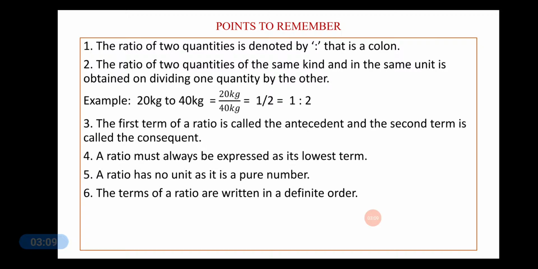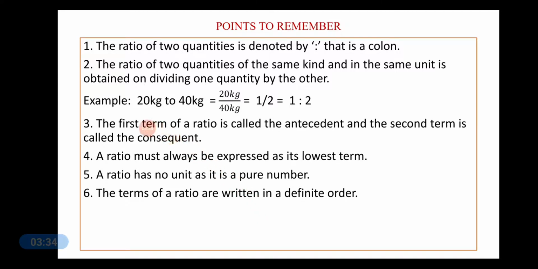Certain points to remember. The ratio of two quantities is denoted by the colon sign. That is, whenever you are writing the ratio of two quantities, you have to put this colon sign in between those two numbers. The second point. The ratio of two quantities of the same kind and in the same unit is obtained on dividing one quantity by the other.